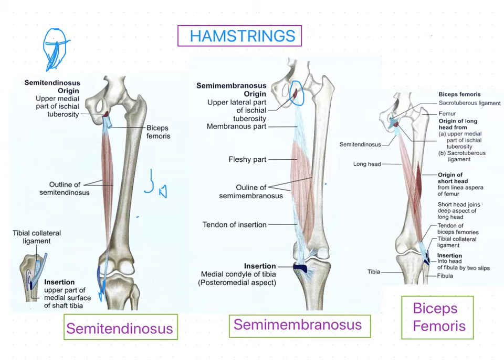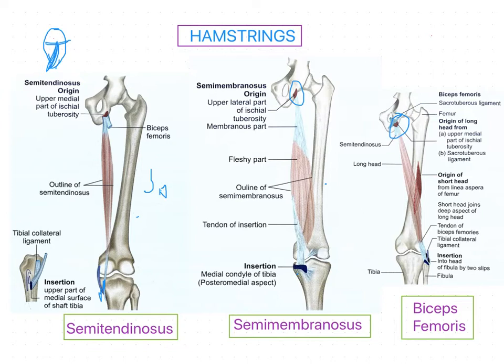Now if you see the biceps femoris, for the long head, here we can see the long head. The long head arises from the upper medial part of the ischial tuberosity as well as the sacrotuberous ligament.